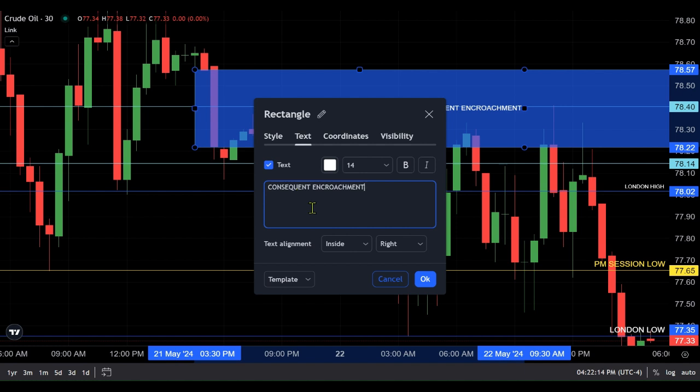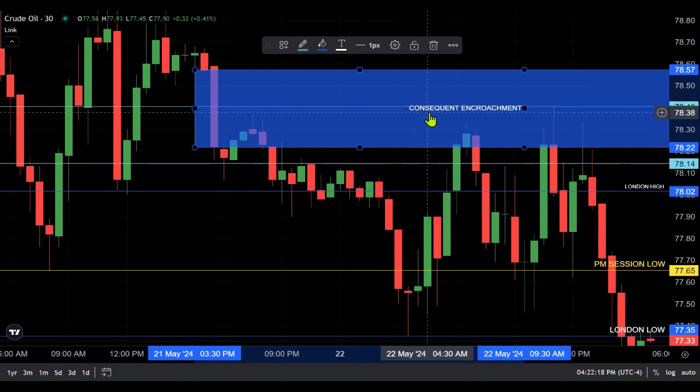That's the way you say it, consequent encroachment. And that's where this blue line is right here, okay? I will usually abbreviate it as CE.